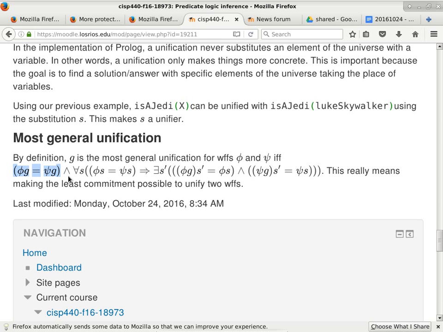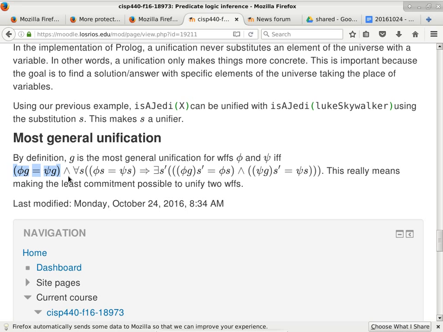It kind of makes sense, right? In order for something to be the most general unification, it first has to be a unification. Just like in order to be a proper Jedi, you have to be a Jedi first. So the first part, which is the highlighted portion here, simply states that g is a unification. But is it the most general? We don't know yet. The second part will tell us whether it is the most general or not. Is that okay? All right.